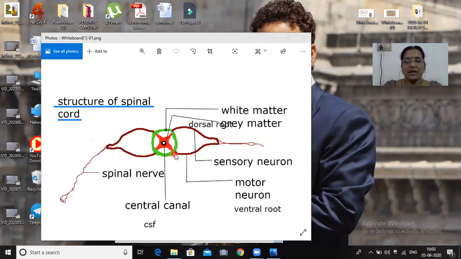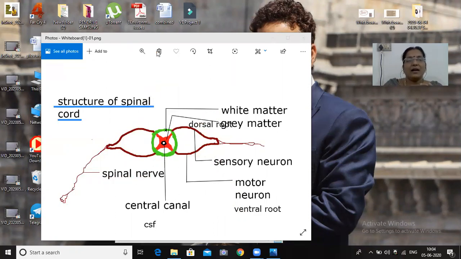Impulses from spinal cord come to our different parts of the body through ventral root or motor neuron. Then both sensory neuron and motor neuron, or dorsal root and ventral root, together are known as spinal nerve.